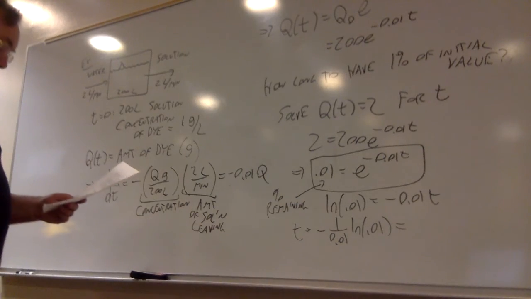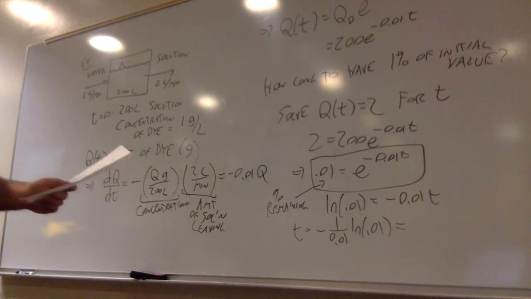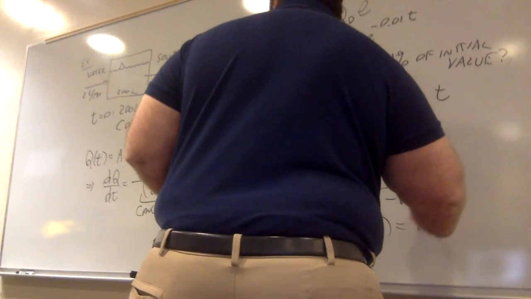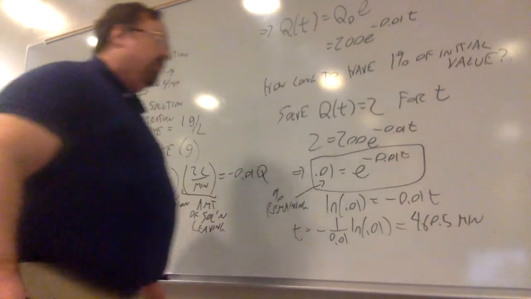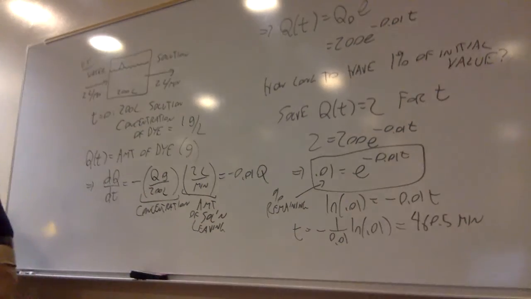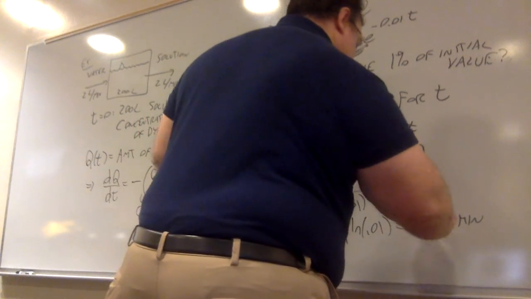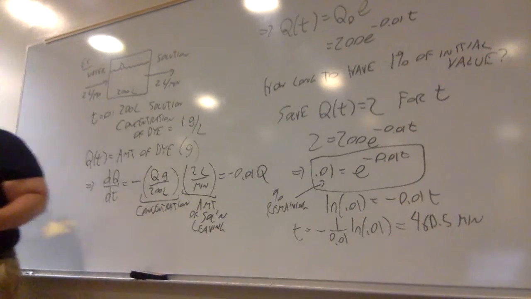And once you grind it out in the calculator, you get 460.5 minutes. So it's going to take nearly 8 hours to have 1% of that initial amount left, regardless of how much that amount is.